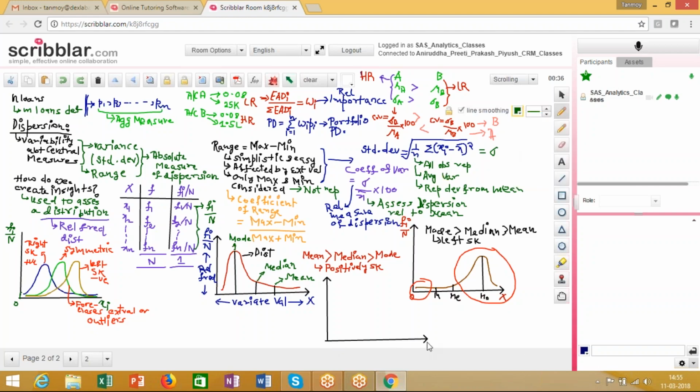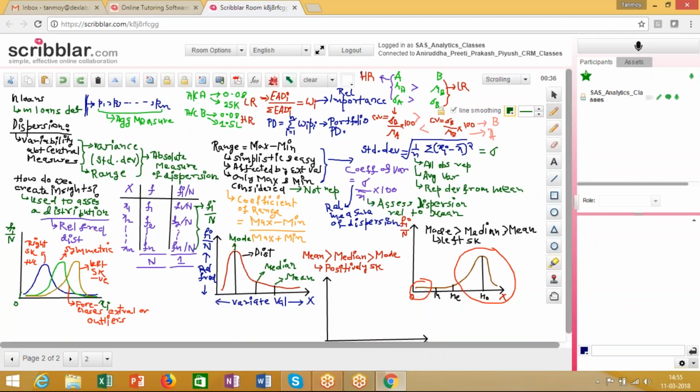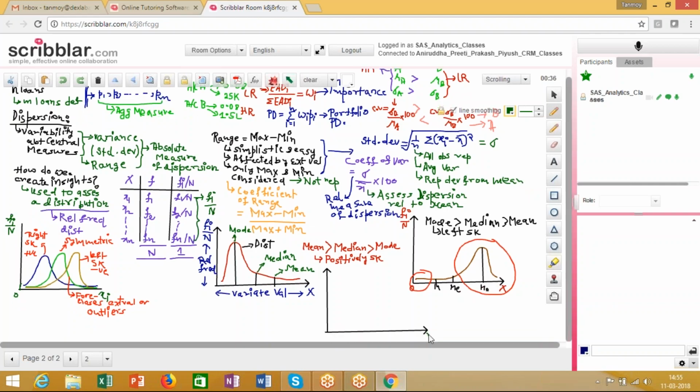So basically, if this is the variable x that I have, and over here what I have is Fi by n, the relative frequency distribution.